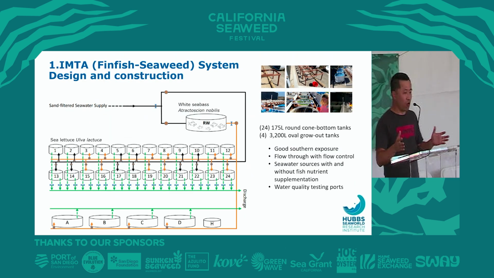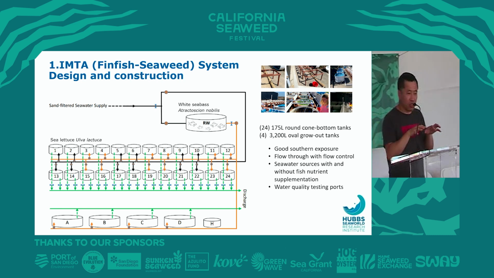Currently, we have already set up 3 model IMTA systems. The first one is pretty simple, just finfish with seaweed. The sand-filtered seawater flows through the white seabass tanks, and effluents from the seabass tanks enter the seaweed tanks. Also, the seaweed tank can get seawater directly from the sand-filtered seawater.